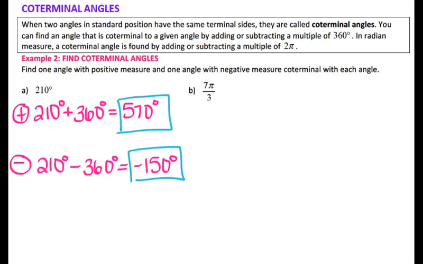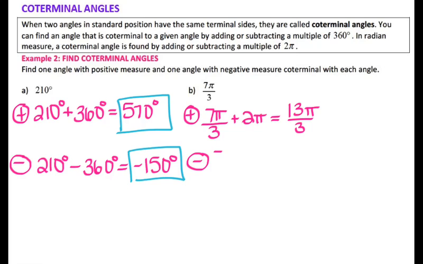In terms of radians, for a positive coterminal angle, I'm going to add a full rotation, which is 2 pi. So I have 7 pi over 3, or 7/3, plus 2 is going to give me 13/3, so that's 13 pi over 3. For my negative coterminal angle, 7 pi over 3 minus a full rotation, so 7/3 minus 2 is 1 pi over 3.